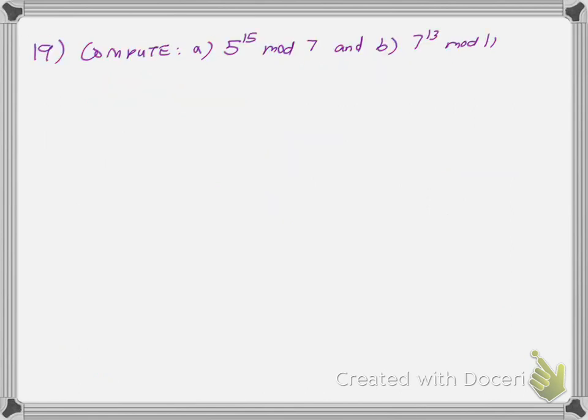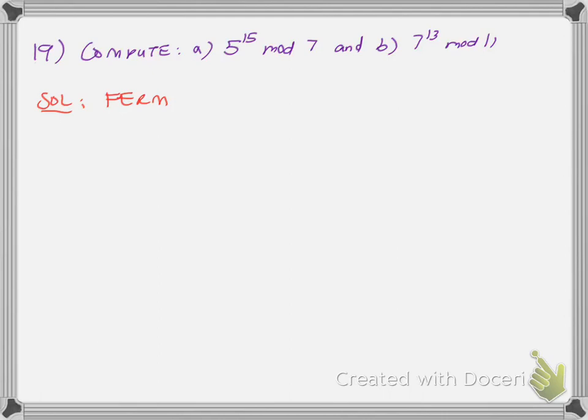Okay, so our last problem is a computational one, and we are going to compute these values. Of course, we're going to use our shortcut way to help us, and that is, for this case, using Fermat's theorem.